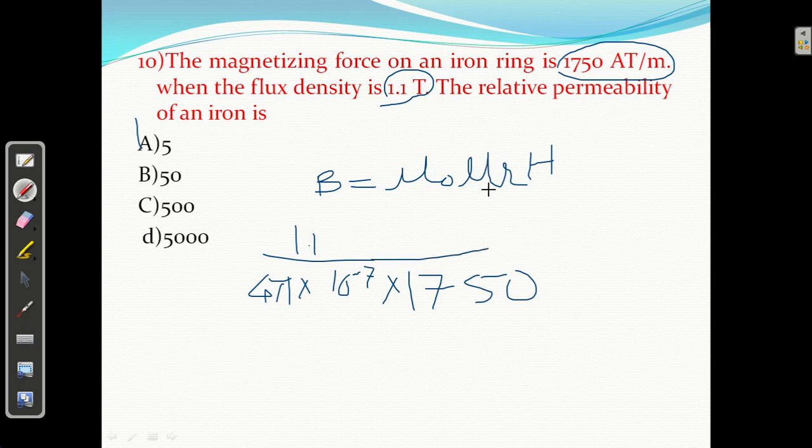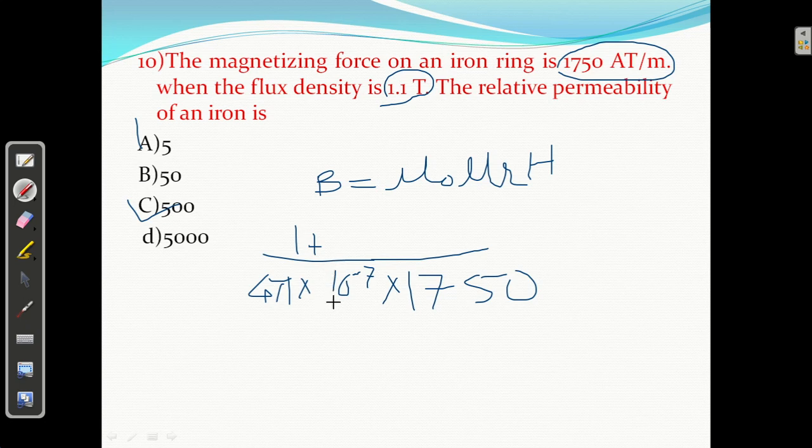So you will get mu r. Mu r equal to what? If you solve it, 1.1 upon 4 pi 10 raised to power minus 7 into 1750, you will get answer 500. So that is the correct answer, 500, right? So this is the question number 10.